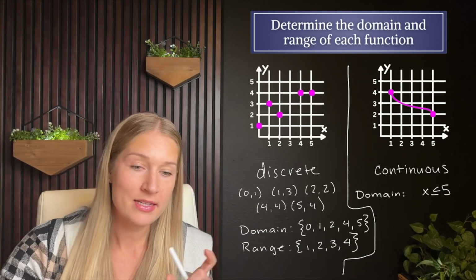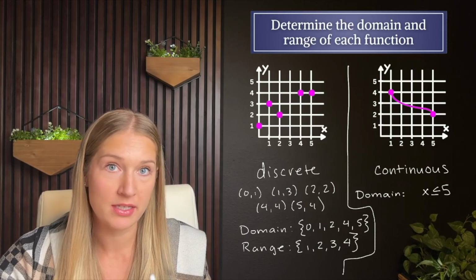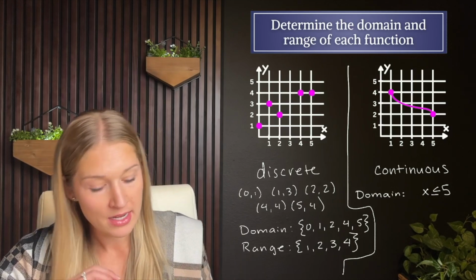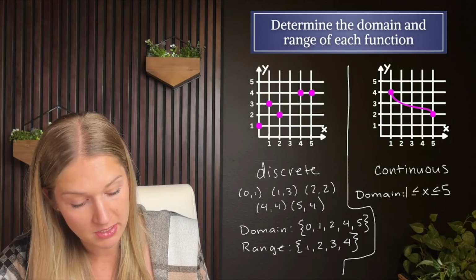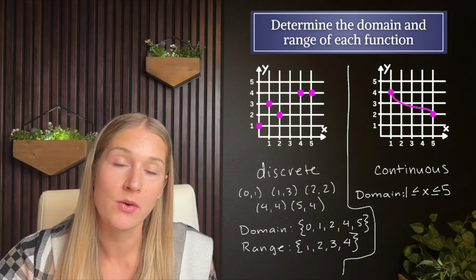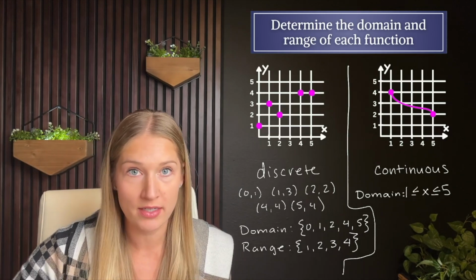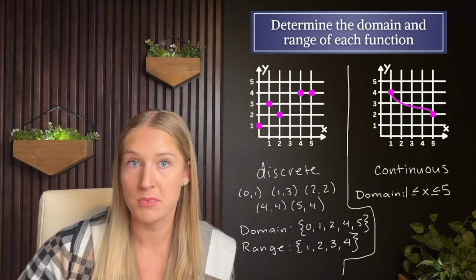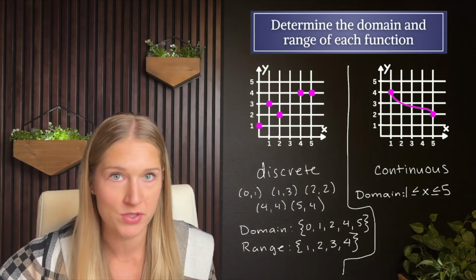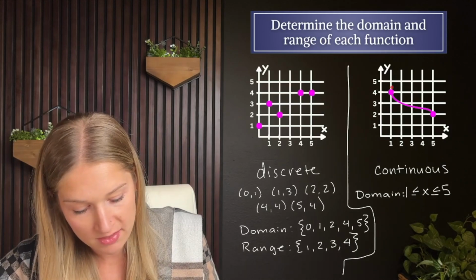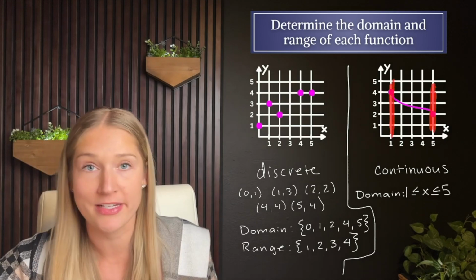In the inequality I'm writing, I'm going to sandwich the x between the 5 on the higher end and the 1 on the lower end. So I have two conditions sandwiched into one inequality: x has to be greater than or equal to 1, but also less than or equal to 5. I'm allowed to use x values that start here and end here.